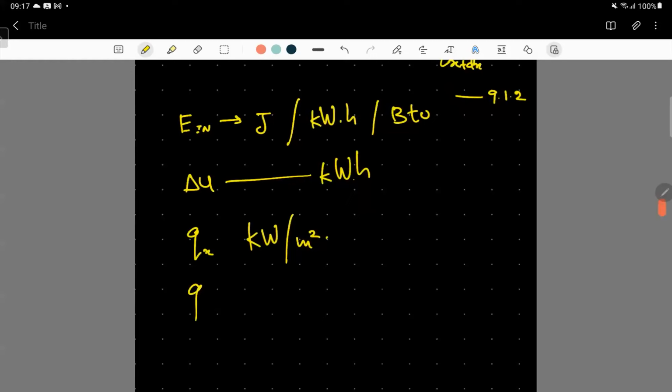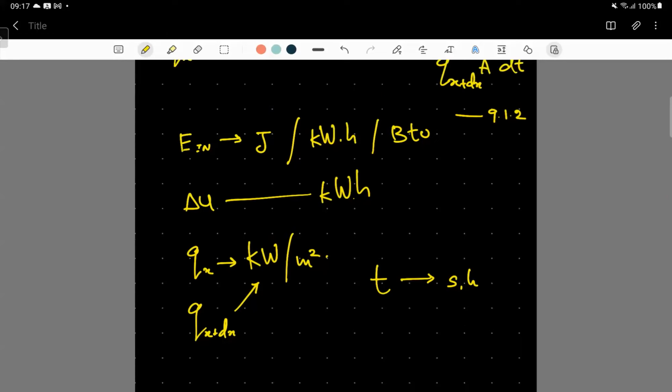Similarly, Qx plus dx also has the same units, and t, of course, is the time, which we can define in seconds or hours, depending on whether you use the SI units or the imperial units.